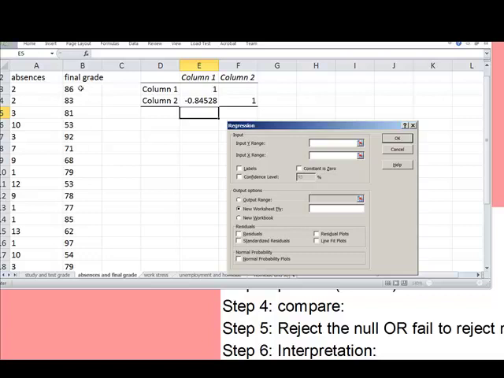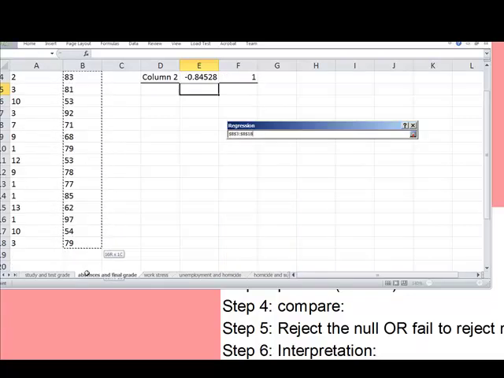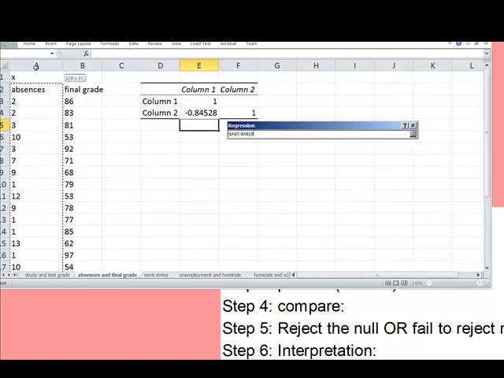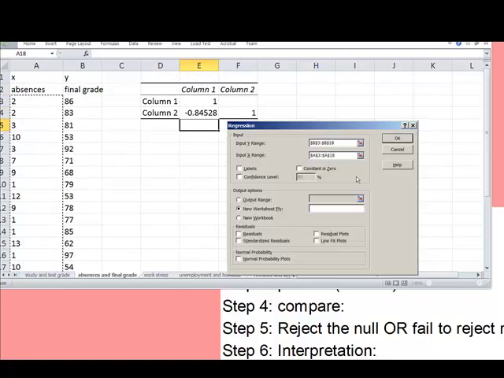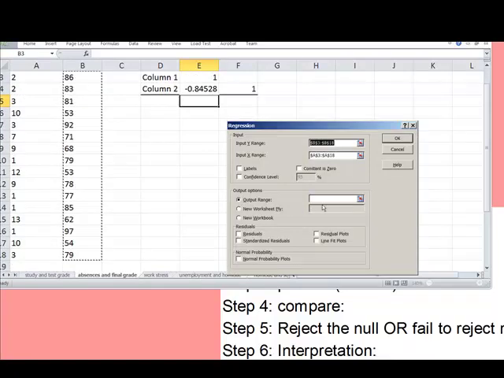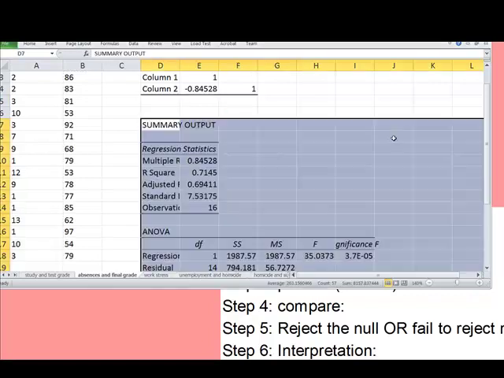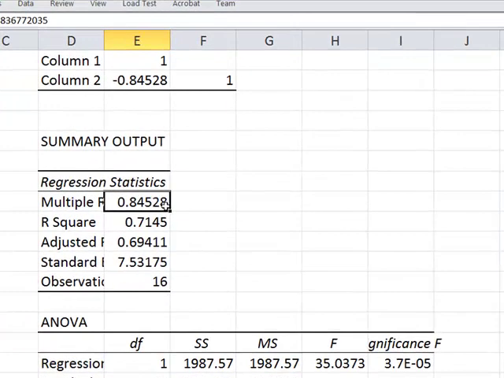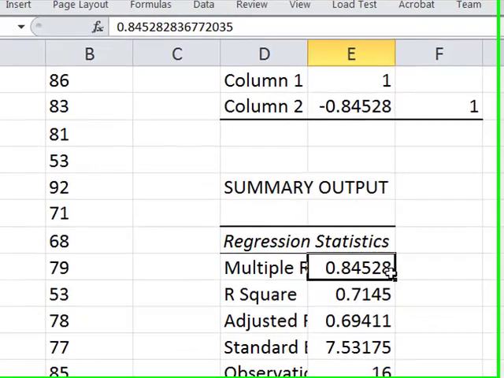What happens second? The dependent variable is the final grade. That would be my y. What happens first would be my independent variable, the x. Data, Data Analysis, Regression. Here I see the same number, but there's no negative sign, so be careful when you choose regression.